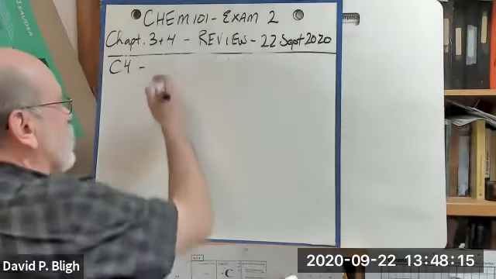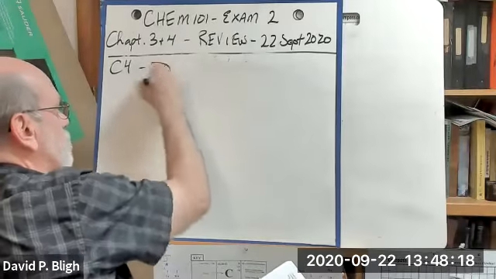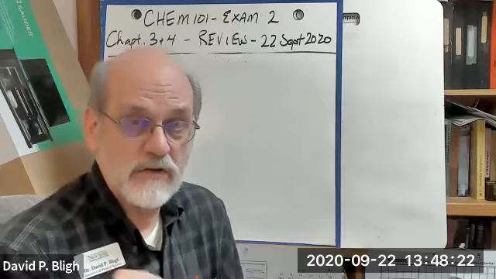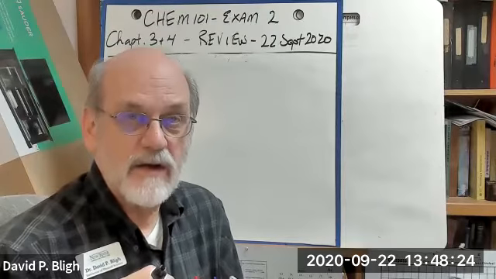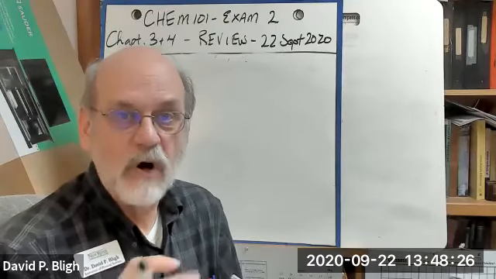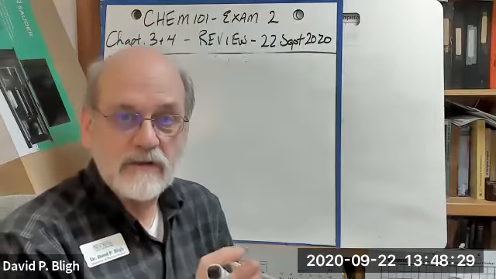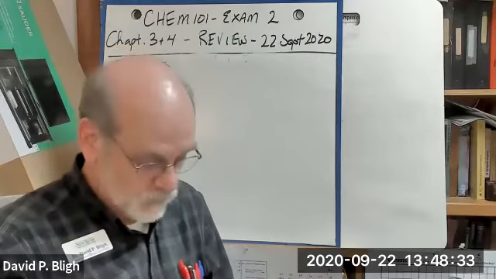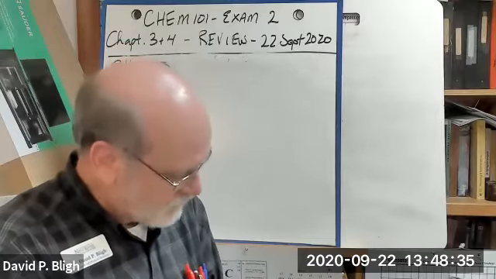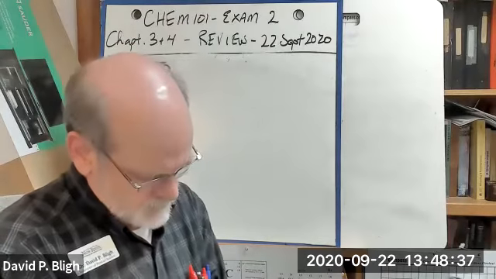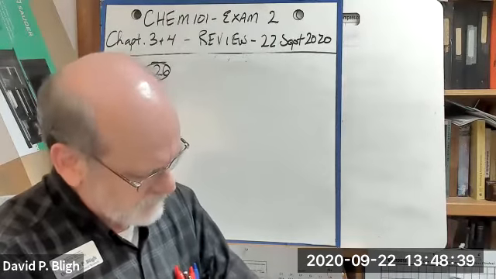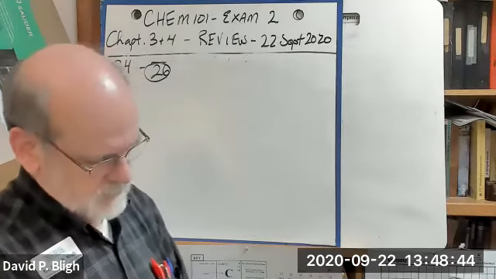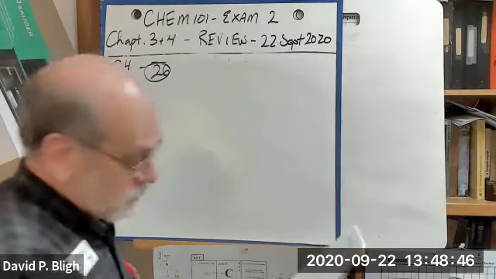All right, so 26, and remember, the classifications that we use for our reactions can apply multiply. That is, one reaction can be more than one type of reaction. So don't lose track of that.